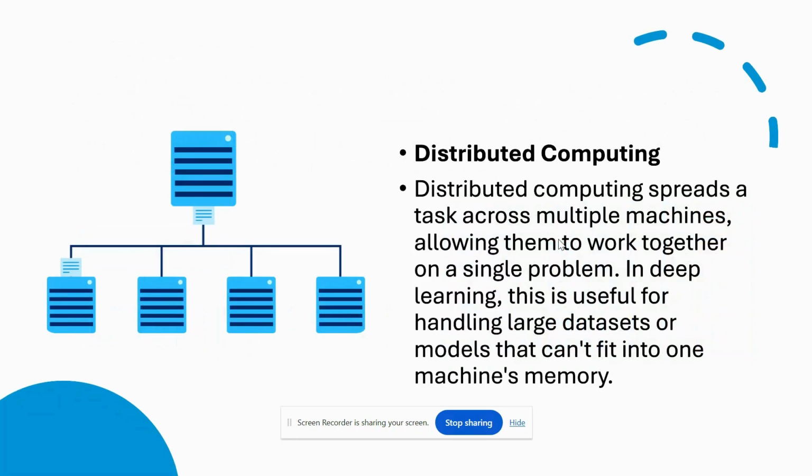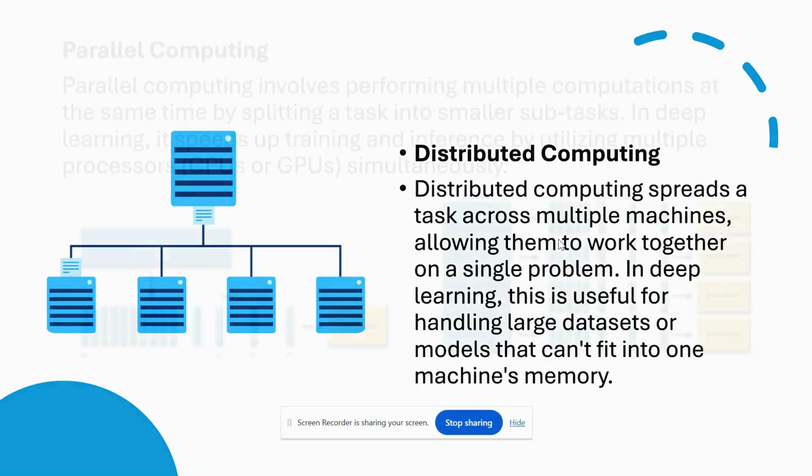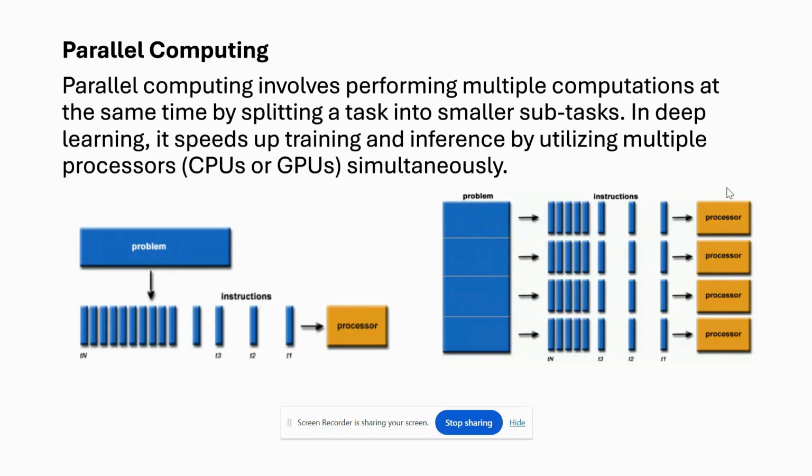Distributed computing is just like parallel computing, but it also divides the tasks among systems. In parallel computing there is a single machine, and inside that single machine all the processors are there, executing the tasks.